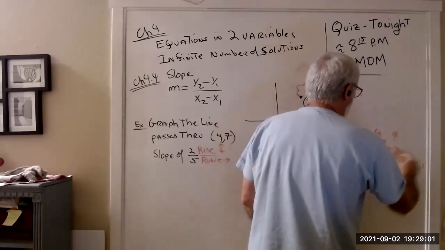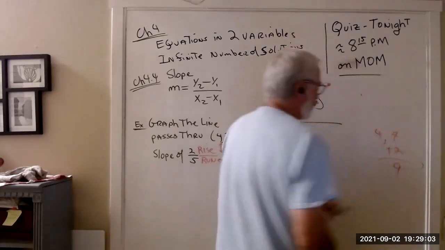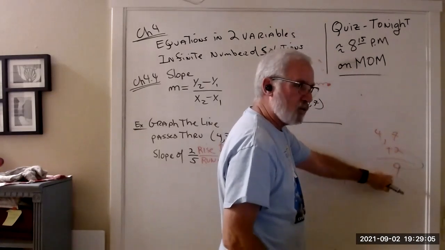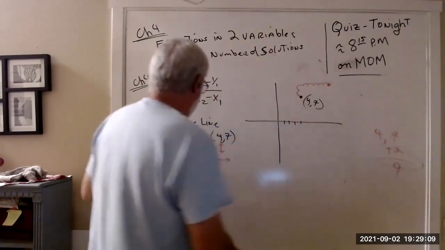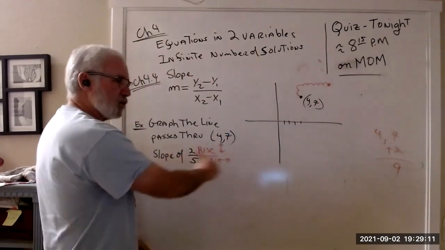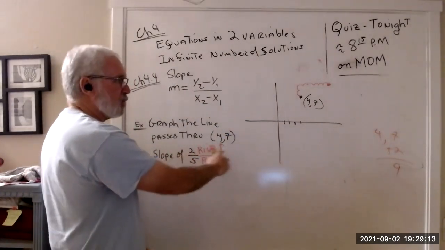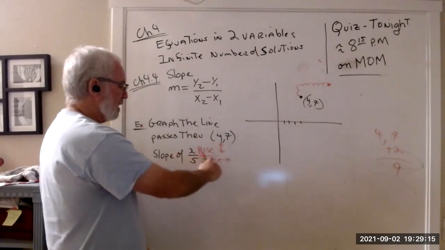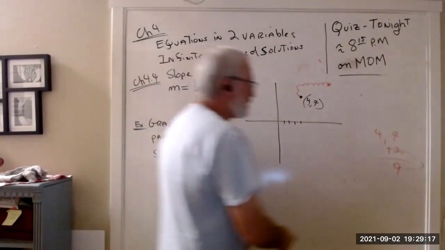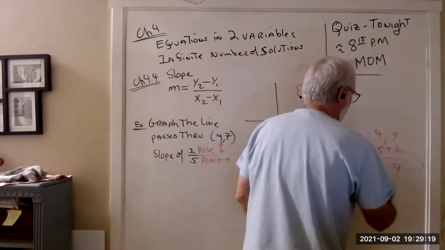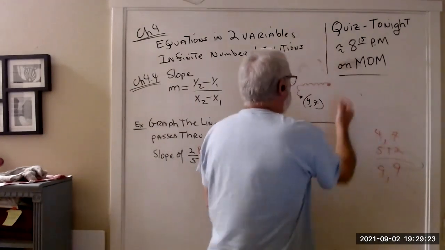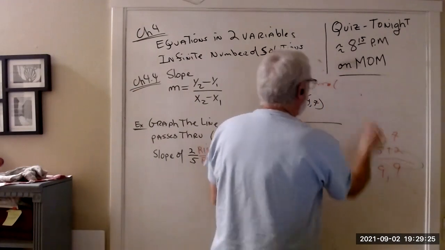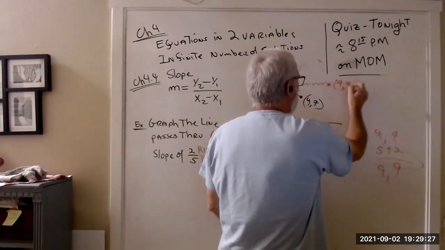We're going to take the Y value and change it by +2. Now it's going to become 9. When we go sideways, who changes, the X or the Y? The X changes. So the X value is going to change by 5. So 4 and 5 is 9. So this new point here is (9,9).